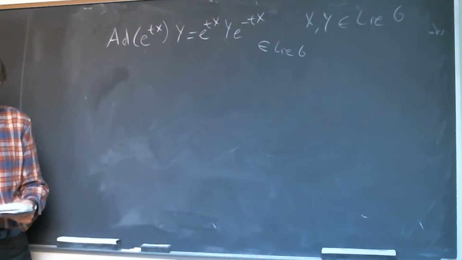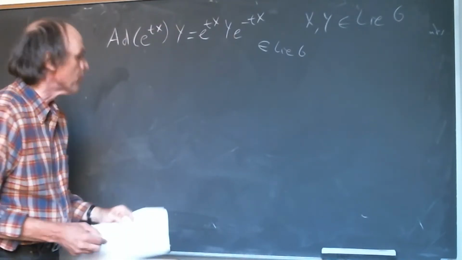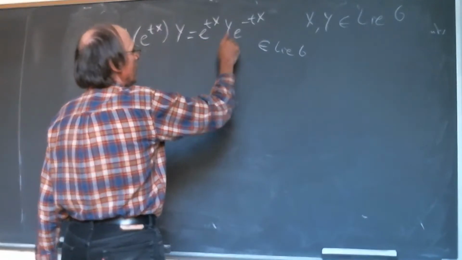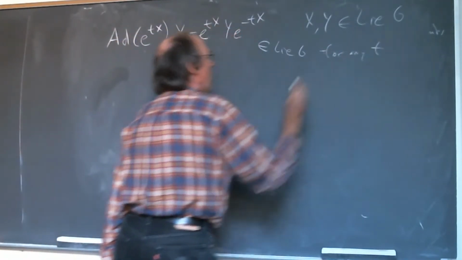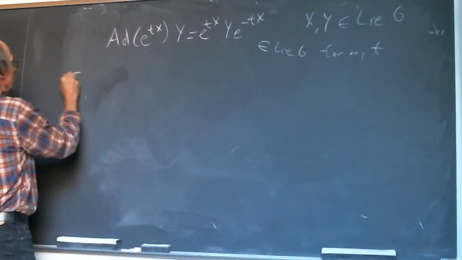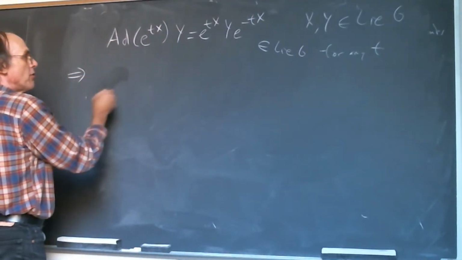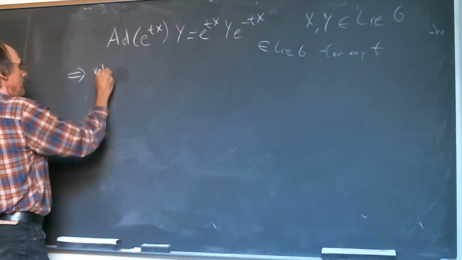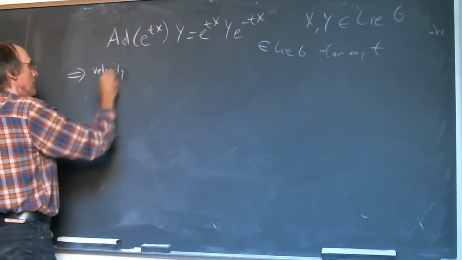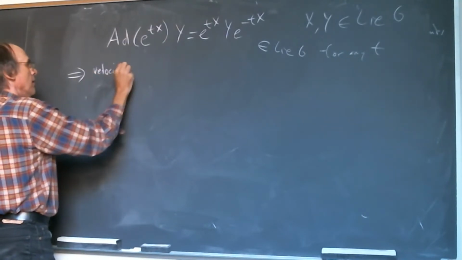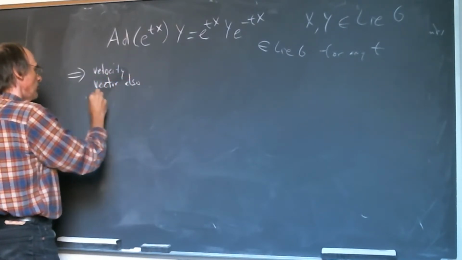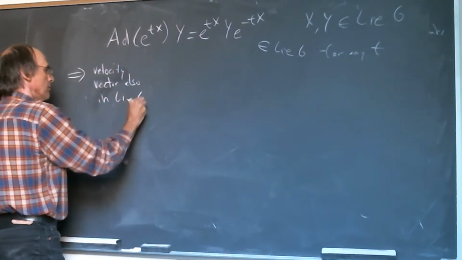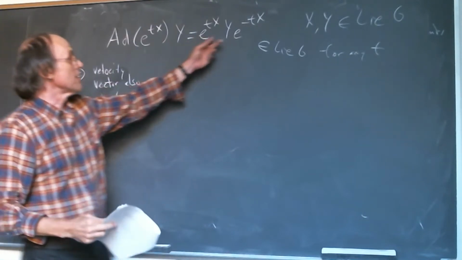And then what I want to show is that this is for any t, and this implies that the derivative, the velocity vector, is also in the Lie algebra.